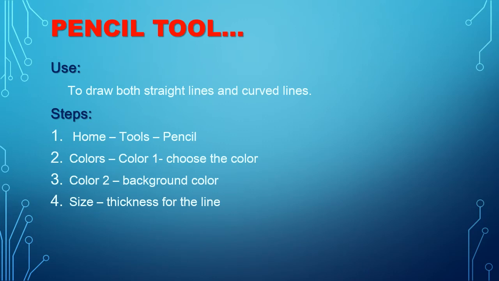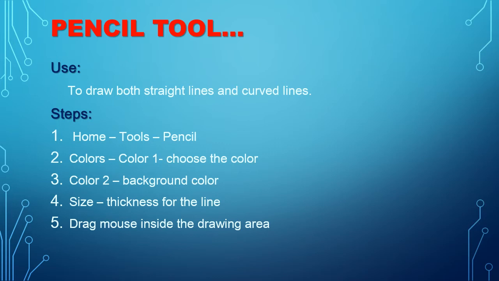Then about size, click the Size button and then select a thickness for the line. The final thing is to drag the mouse inside the drawing area to draw the lines. To draw an exactly straight line, press and hold the Shift key as you draw the line. If you hold the Shift key and draw, the exact straight line will come.